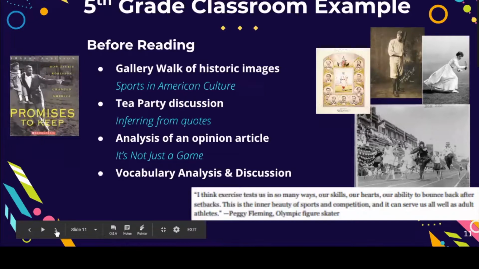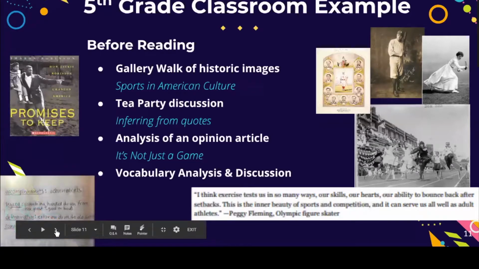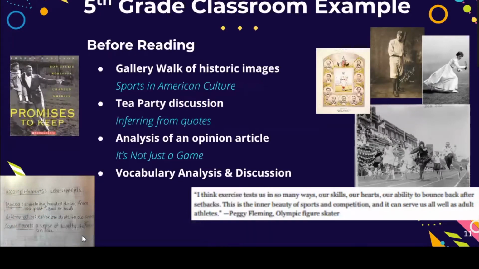And then another thing we did before we read Promises to Keep was work on some vocabulary. These are some examples of vocabulary that came up in the quotes. And there was one other piece we did, which was an analysis of an opinion article called It's Not Just a Game.